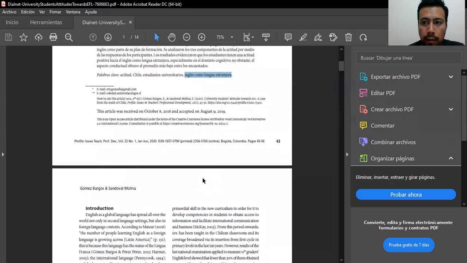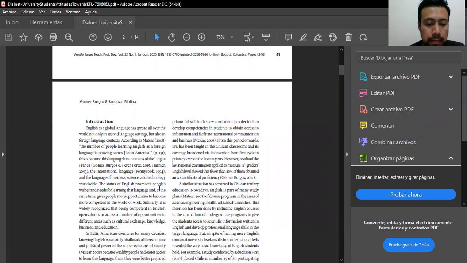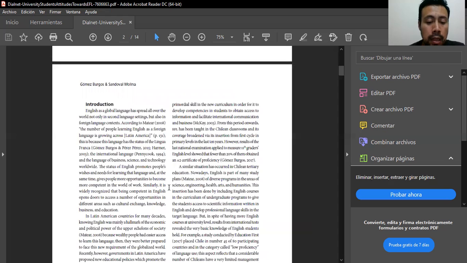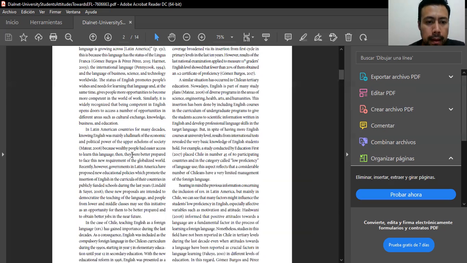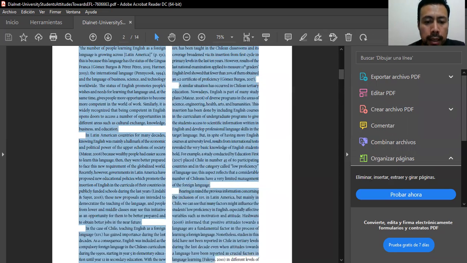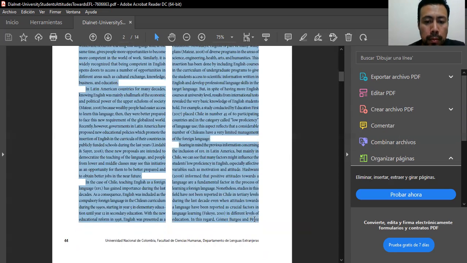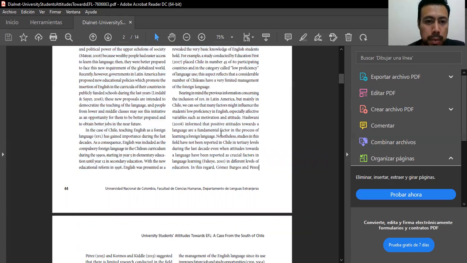So, following with the parts, we have the introduction. The introduction is the definition of the problem, and we have the theoretical support, the objectives, and the design. As you can see, we have two parts, or the basis is in two parts.